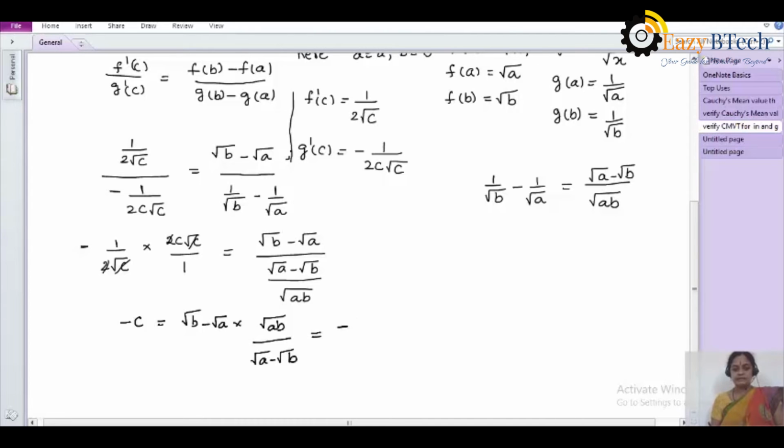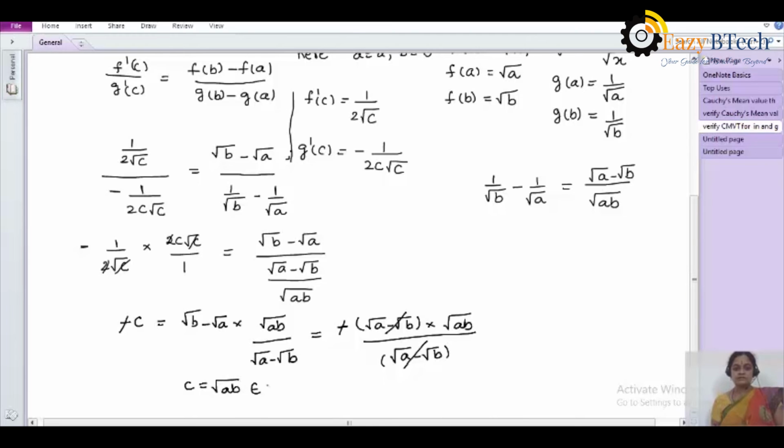Then making minus common here, then root a minus root b into root AB divided by root a minus root b. Now these two terms will be cancelled, and here minus also will be cancelled. So the remaining term c is equal to root AB.